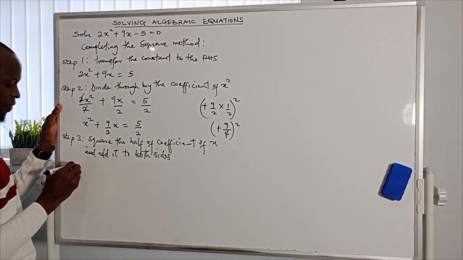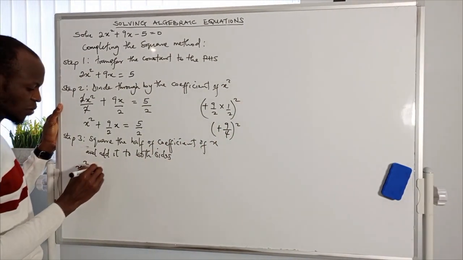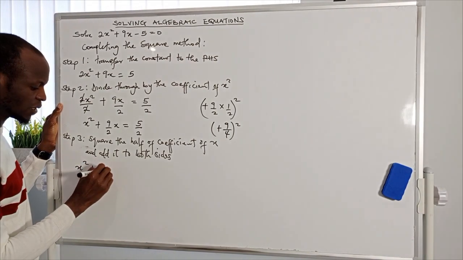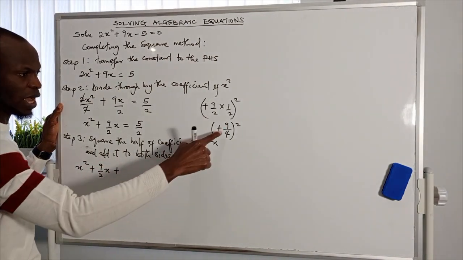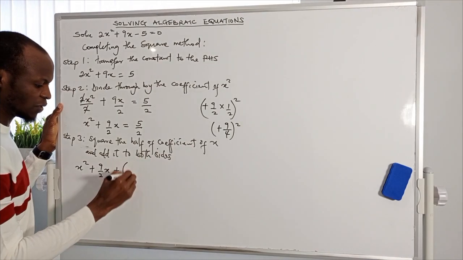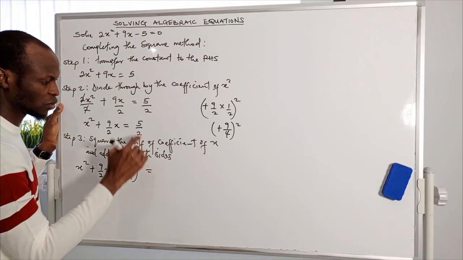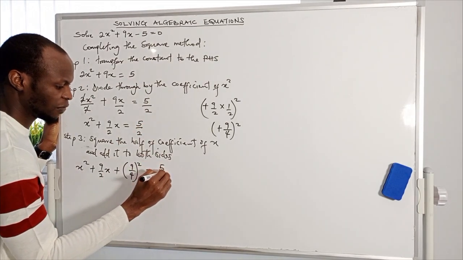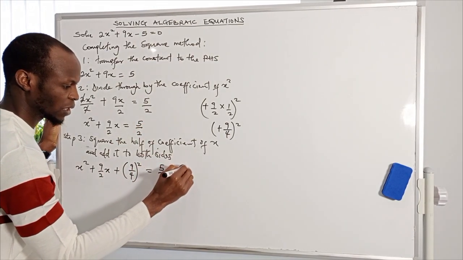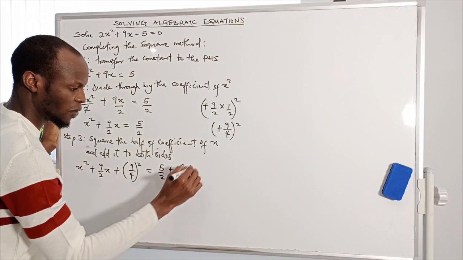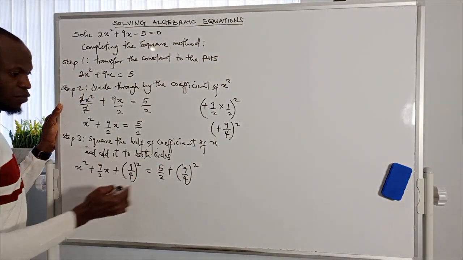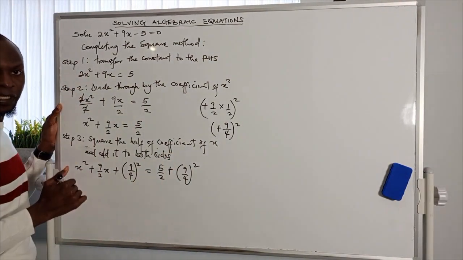So automatically we have x squared plus 9 over 2 x plus, so we are adding this to both sides, which is 9 over 4 squared, equals, we have this already, 5 over 2 plus 9 over 4 all squared. I can remove this, the equation will still remain the same.